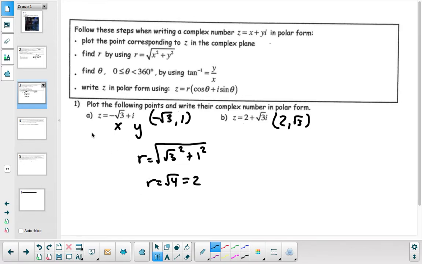Now this angle, if we want to graph this, we can start there. -√3 is between -1 and -2, and there. So it should be right about there. This angle, our y value is basically 1/2, and this is basically -√3/2. So that means that we're going to have 5 pi over 6 be our angle.